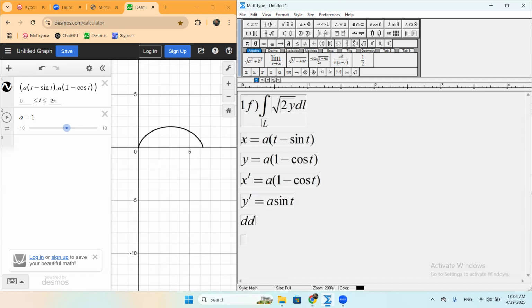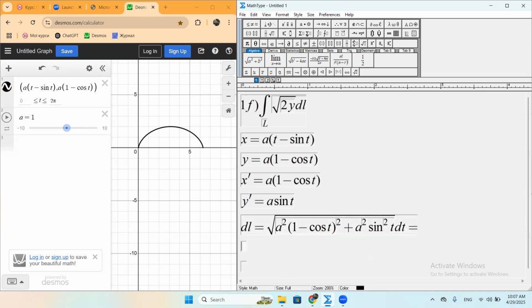And now let's calculate dl. a square root of square of 1 minus cosine of t plus a square sine square of t, dt.